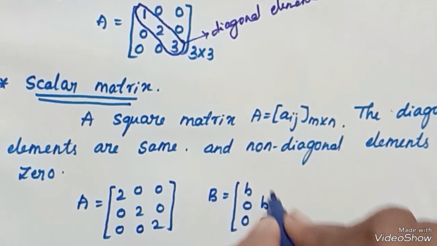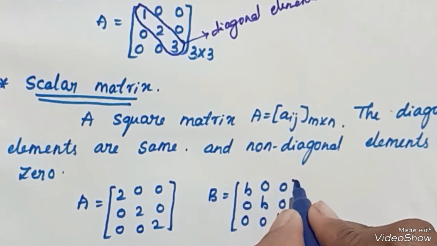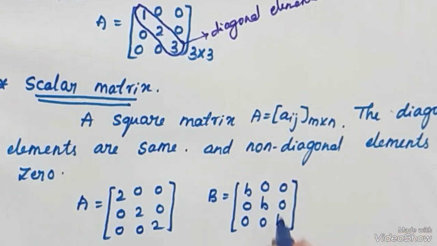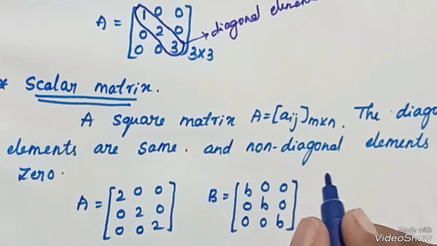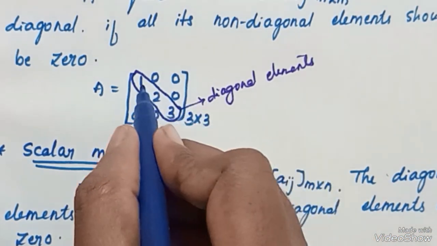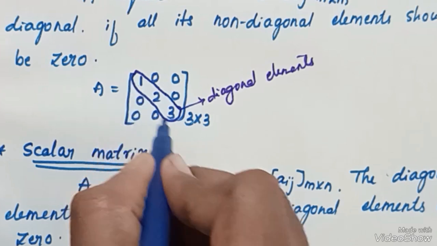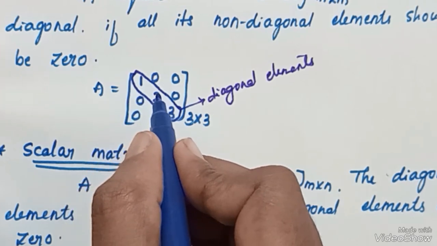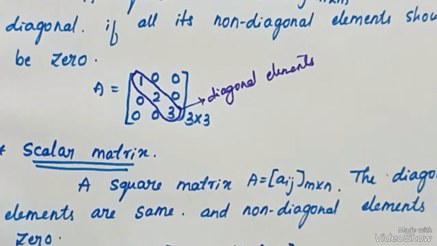All diagonal elements should be the same, and non-diagonal elements must be 0. In a diagonal matrix, the diagonal elements may be equal or irrespective.